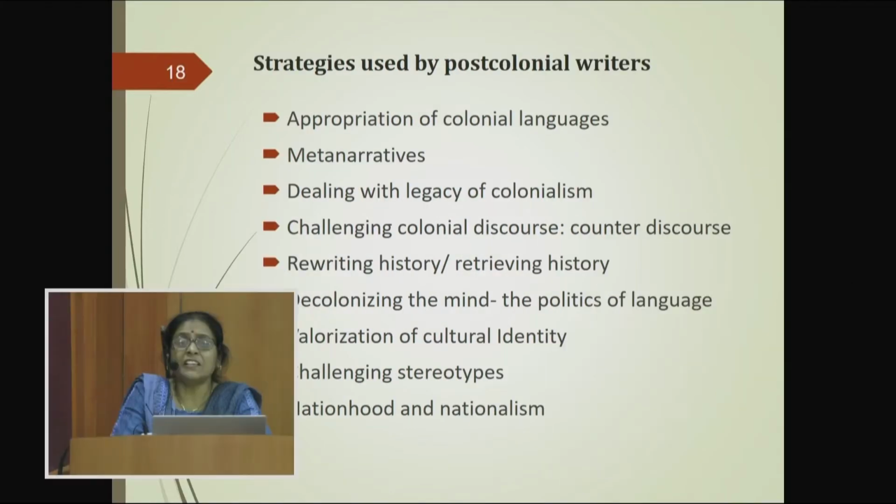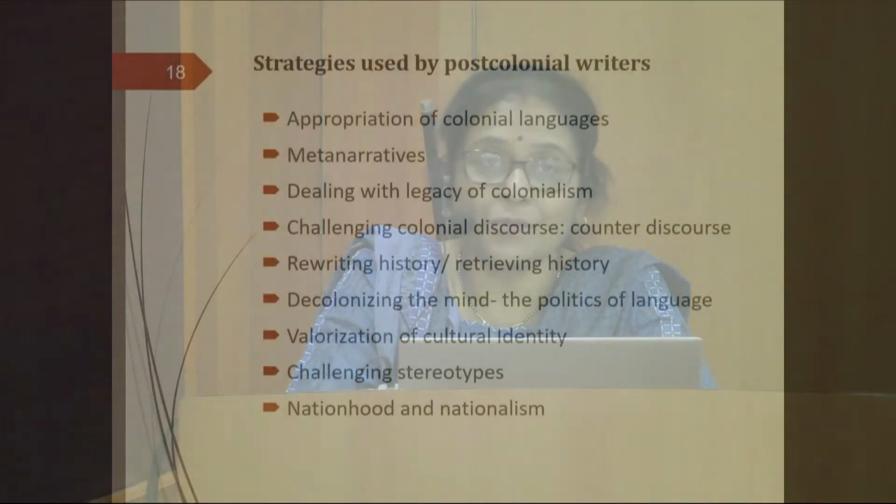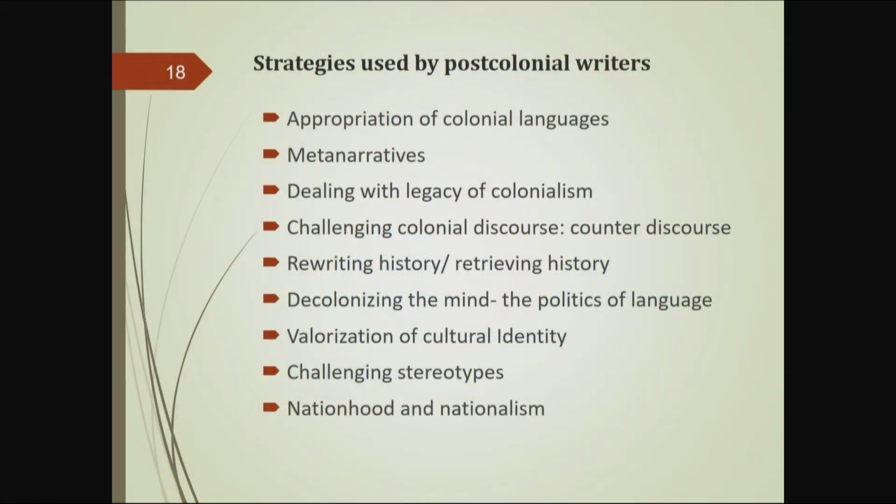We have no religion. We had nothing which could be construed as useful. Naturally, we don't want to accept this version of history because this is far from the truth. So we rewrite history. We retrieve history and make our rightful claim as to how things ought to be.